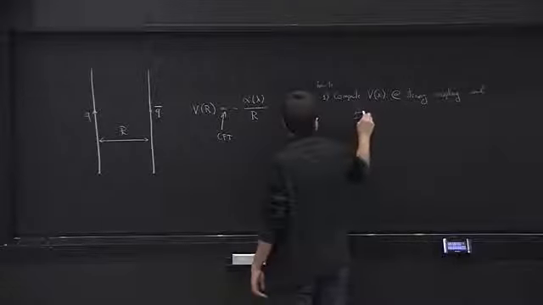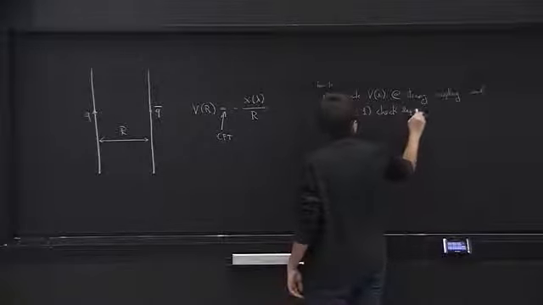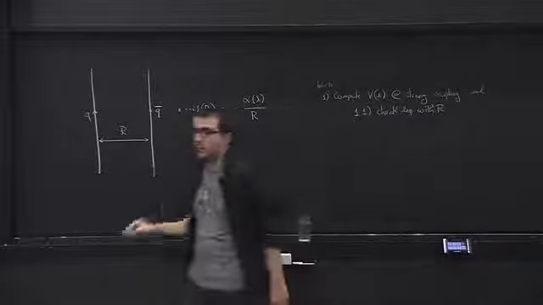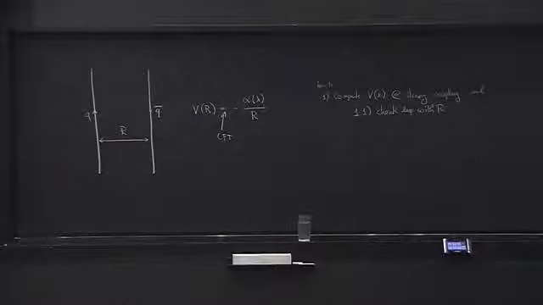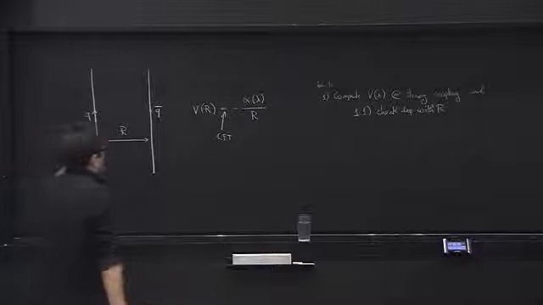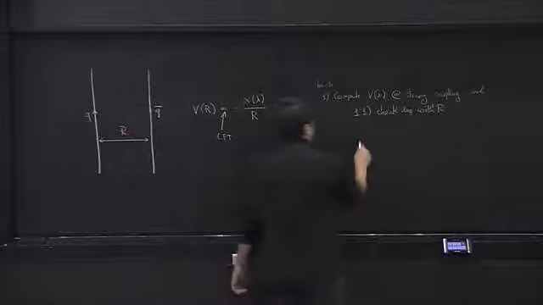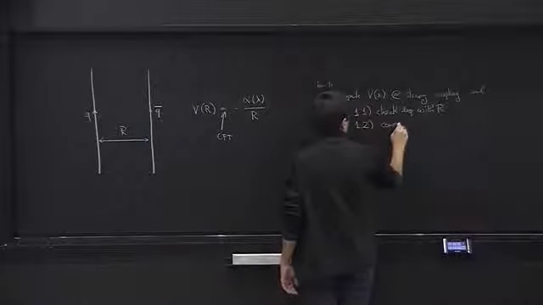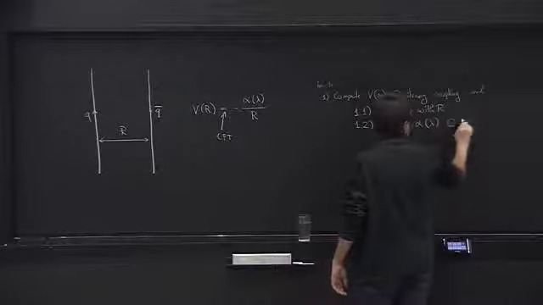First of all, check the dependence with r. So that ought to come out correctly in the same way that here the dependence with the spin should come out correctly, and it did. So first, immediately see, is it indeed of the form something over the radius? Okay, that's the first thing. And second thing, how can we compute alpha of lambda at strong coupling.